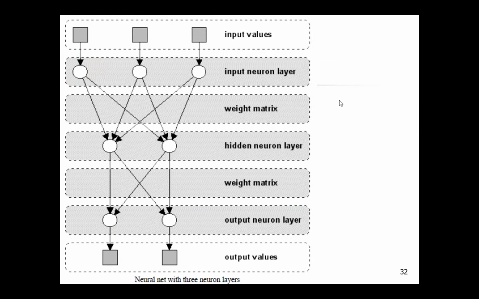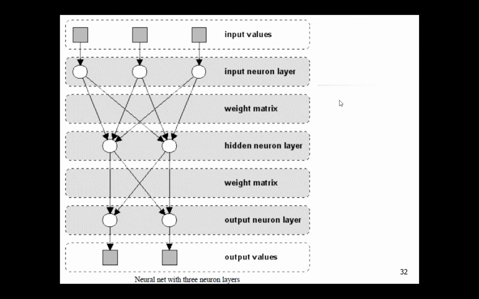Here you can see the input neuron layer, the weight matrix, then the hidden layer, then another weight matrix, and the output neurons giving the output values. I am going to consider 3 input values, so 3 neurons in the input layer. Each input is connected to the 2 neurons of the hidden layer, since in the hidden layer I have 2 neurons.